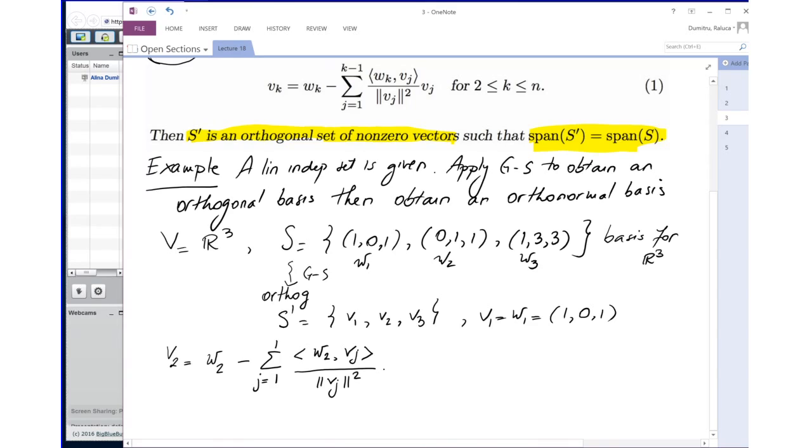Those are all numbers so far in that fraction. And this number is multiplied, I mean scalars, this number is multiplied by Vj. But again, j is only equal to 1. There is no real sum to talk about. So let's rewrite this. It's W2 minus the inner product between W2 and V1 over the norm of V1 squared times V1.